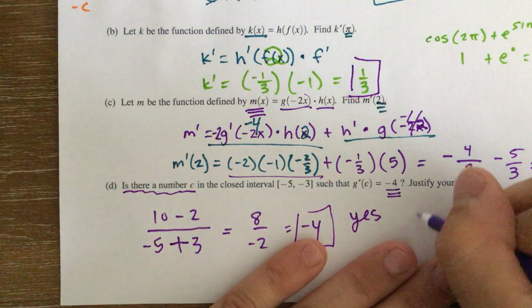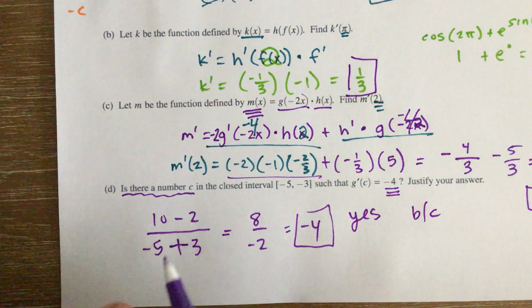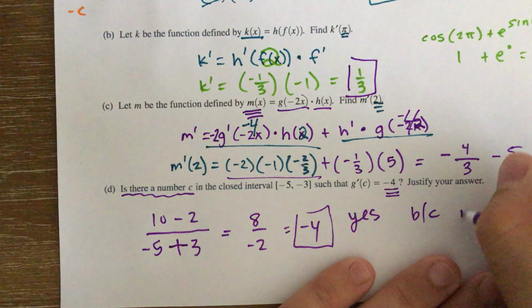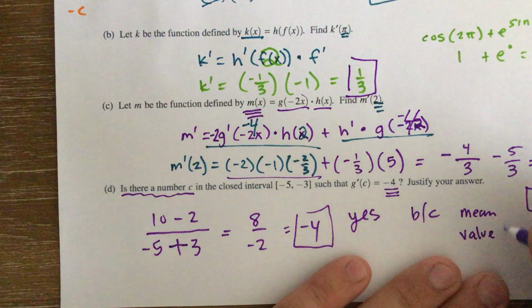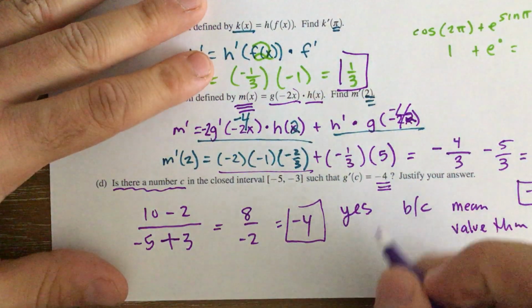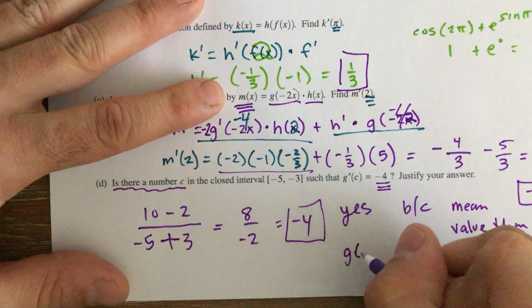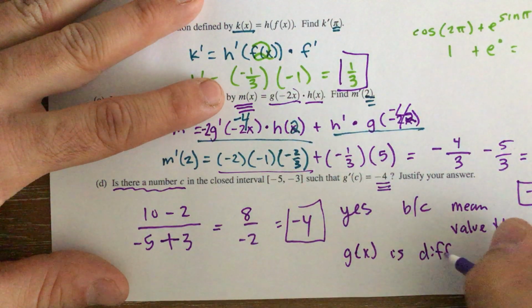Yes, and it's because we just were talking about the slope, right? Since we're talking about the slope, yes, because of the mean value theorem. And I am going to include a little bit more to say that I could actually talk about the mean value theorem, meaning because g of x is differentiable, right?